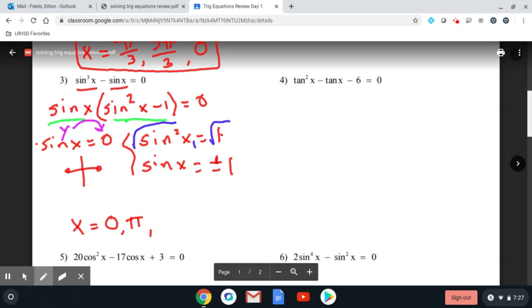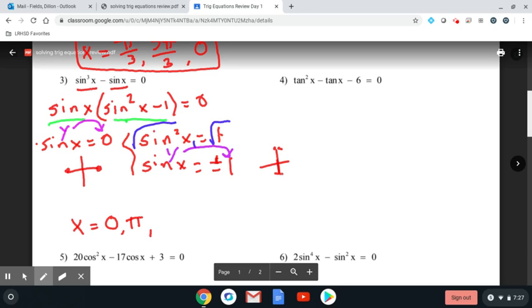If we look to the right side now, really similar. When we know that we have sine of x is equal to plus or minus 1, what we're really saying, since we're working with sine, is that y is equal to a positive or negative 1. So if we look at our coordinate plane, that means that y is positive 1 up top and y is negative 1 on the bottom.